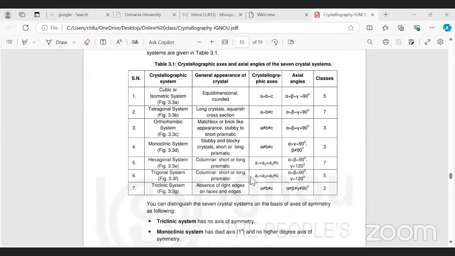Each system is divided into different classes depending on the axes and axial angles.